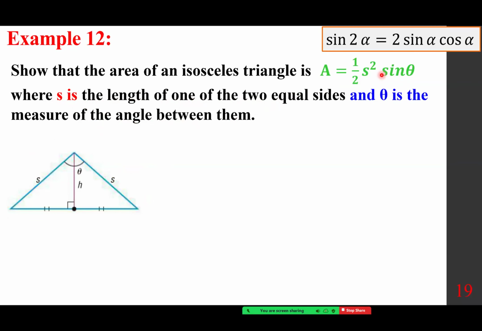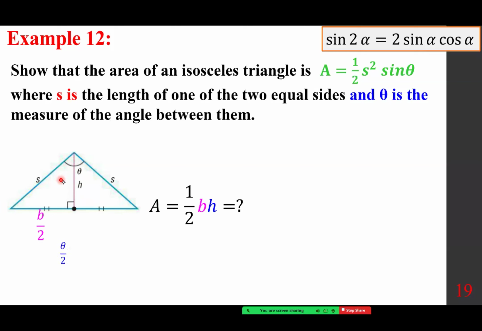Well, regardless of what we have, we know the area of a triangle is 1/2 base times the height. So if you take this to be the base, each side is half. If this is angle theta, each side is theta over 2.